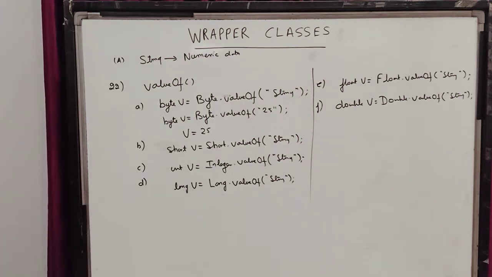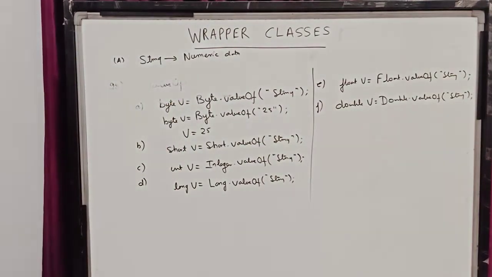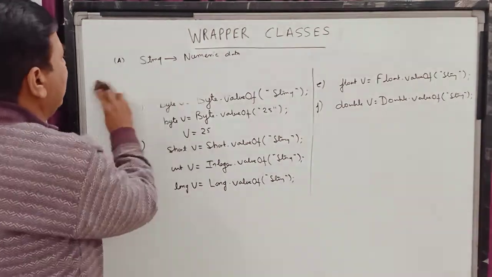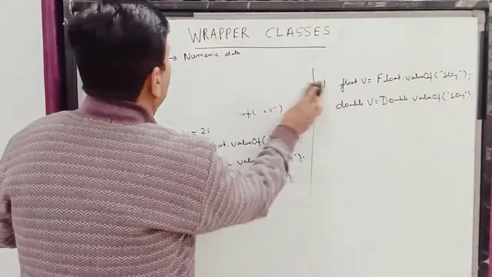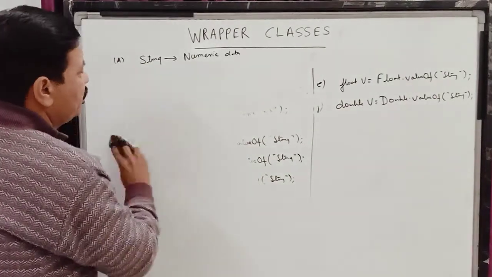Now we have the next function, and the next function is going to convert my values from numeric to string. So it is going to do the reverse. I have written over here string to numeric. Now the next one is from numeric data to string data.